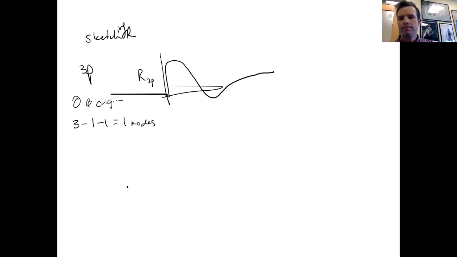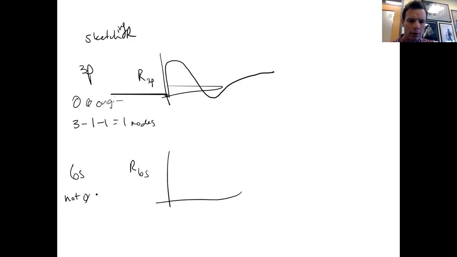Give me another one. 6s. Let me make these things up. This is an s orbital, so it is not 0 at the origin.